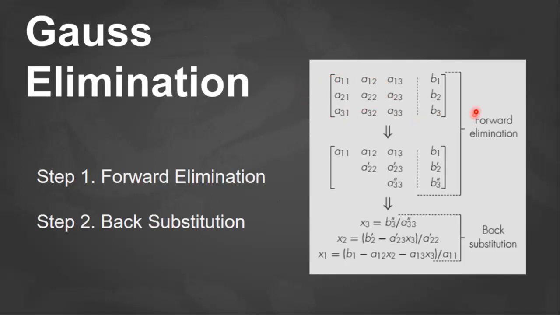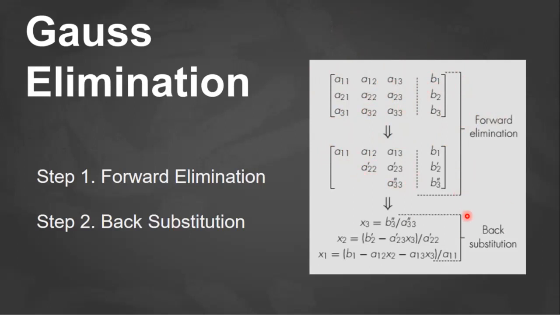For example, this is just the matrix representation of your set of linear algebraic equations, represented as a matrix here, then augmented with your constant vector. In forward elimination, our aim is to reduce this original set of equations, or your matrix, to this upper triangular set of equations, or your matrix.